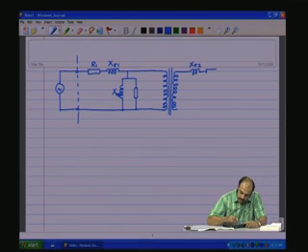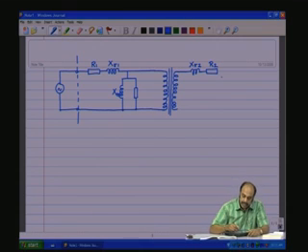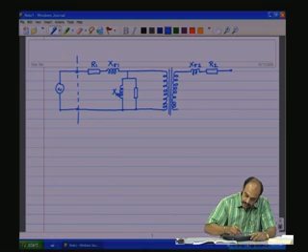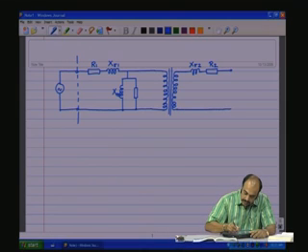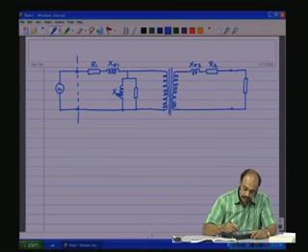This is followed by resistance R 2, which is the winding resistance of the secondary coil. This goes to the secondary terminals, and to the secondary terminals we have the load. And this is where the secondary terminals are.